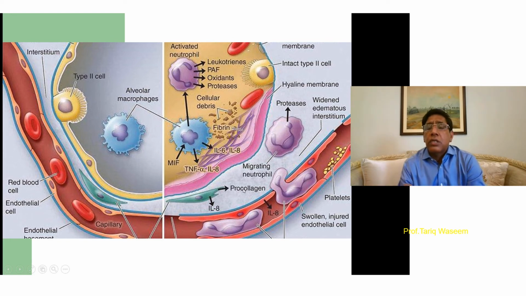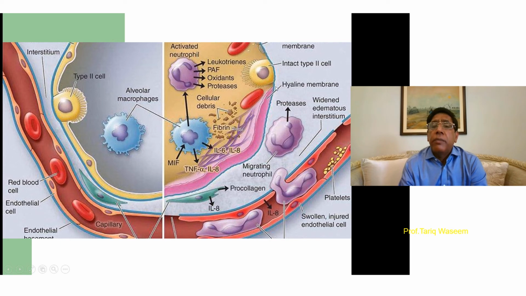Collagen, you know, are the fibers which can lead to thickening of various tissues. They tend to wall off the infections. These proteins released from here then start damaging the alveolar membrane.